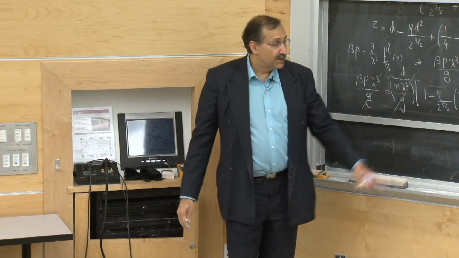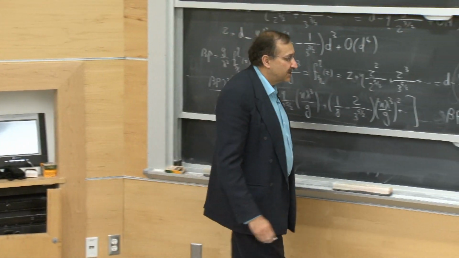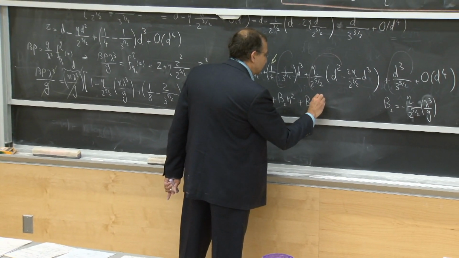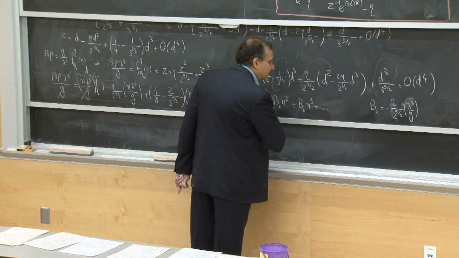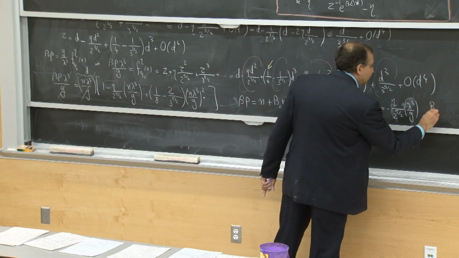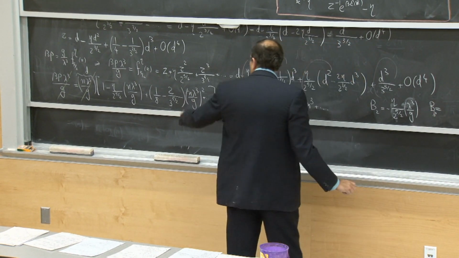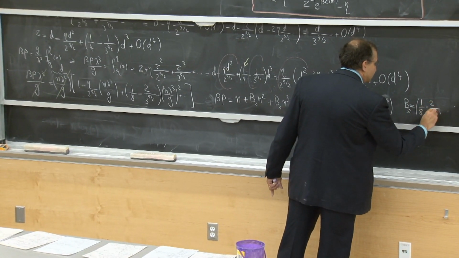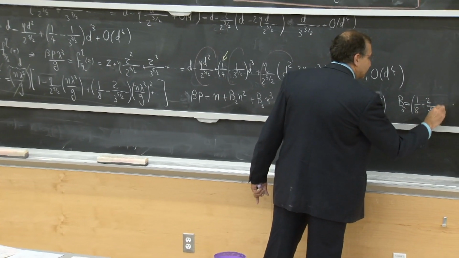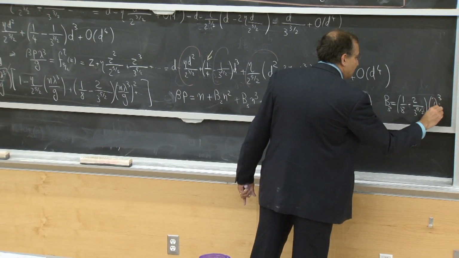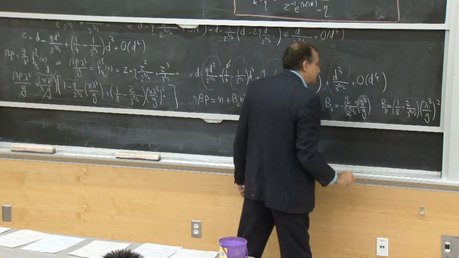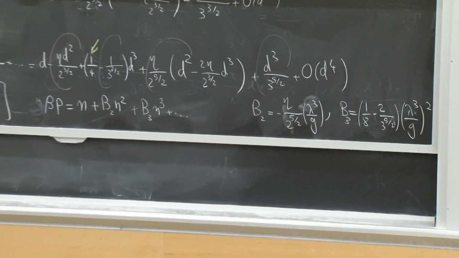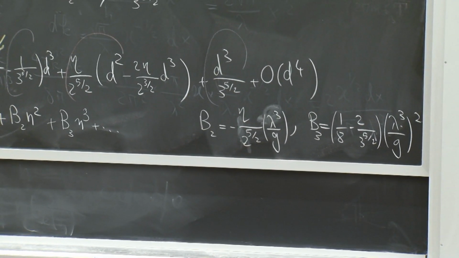But in this way of looking at things, you can see that we can very easily compute the third virial coefficient and higher orders. In particular, the third virial coefficient we compute to be 1/8 minus 2 over 3 to the 5 halves, lambda cubed over g squared. And you can keep going and calculate higher and higher order corrections.